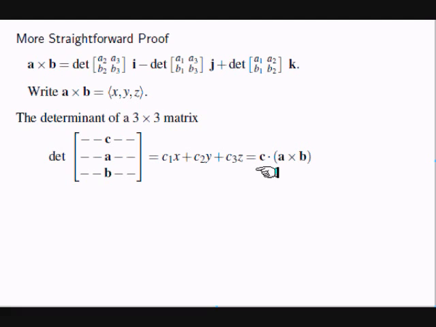Whenever you have a sum of products, you can write it as a dot product of two vectors. The C1, C2, C3 makes the vector C, and the other components x, y, z make the vector x, y, z, which is the cross product. So this determinant is equal to C dot the cross product of A and B.